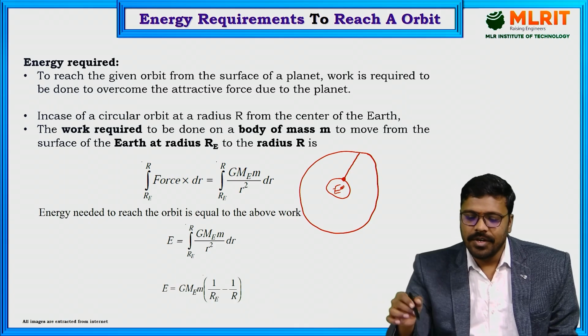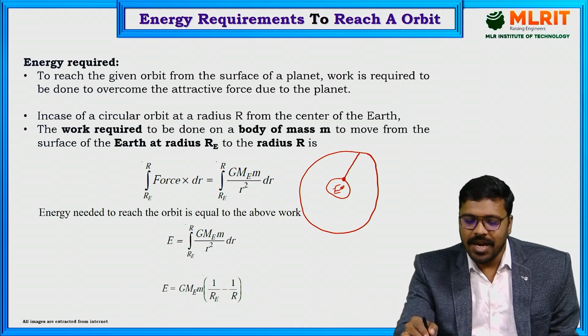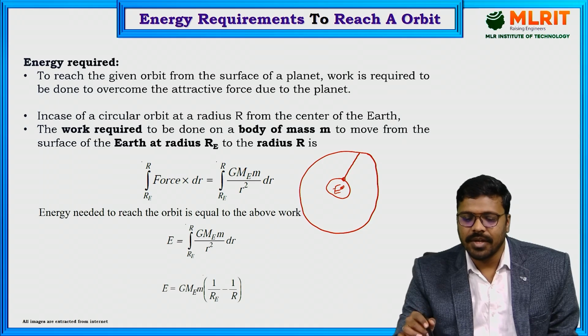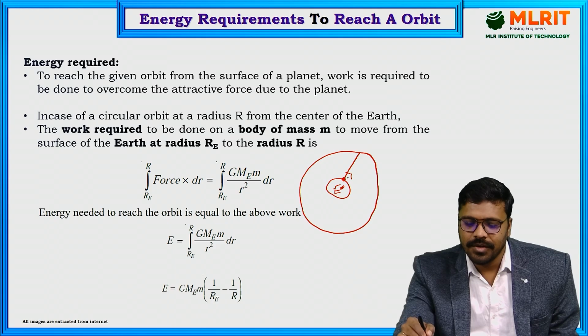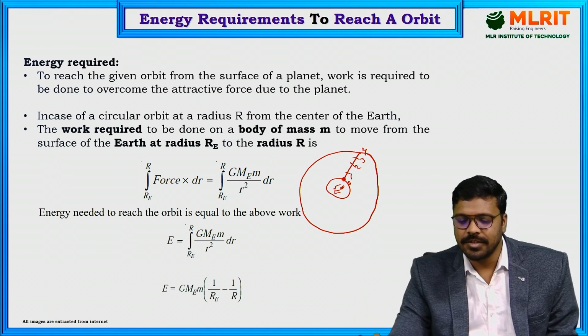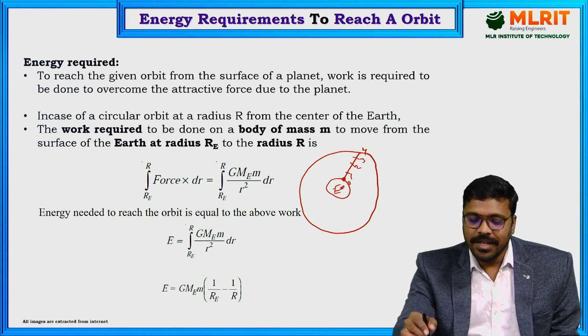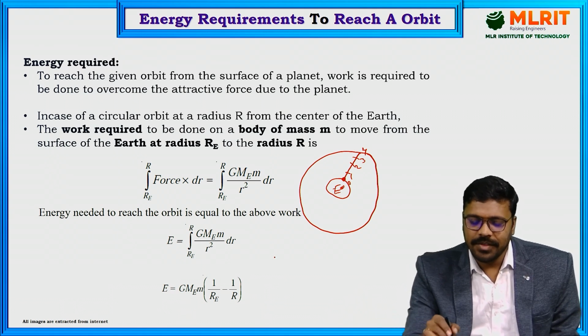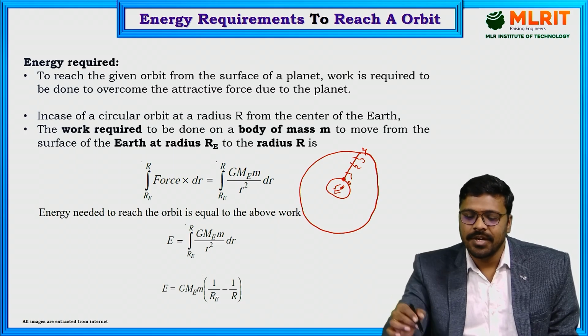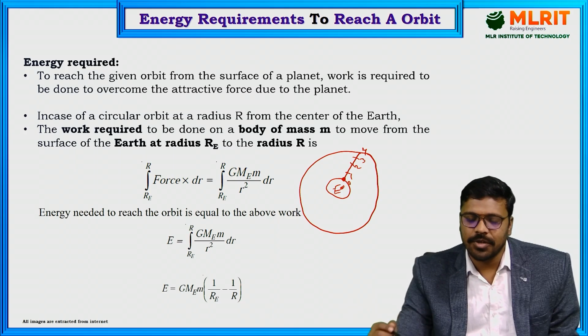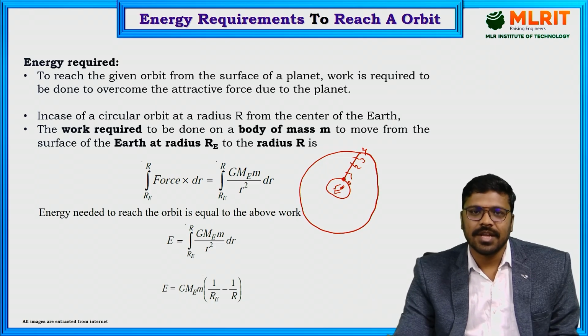Here, the force of attraction on the body, suppose I divide this total distance into some number of parts, like 0, 1, 2, 3 and 4 segments. At each point, at point 1, the attraction force acting on the body is different. At position 2, the force of attraction due to Earth's gravitational force is different.